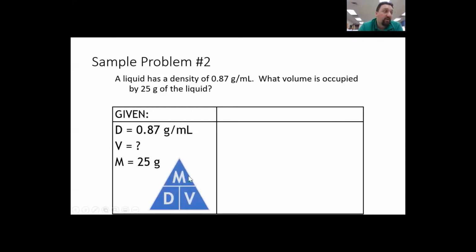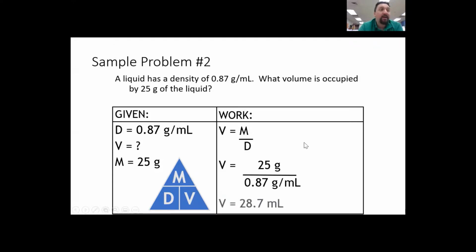Now looking at our triangle, mass, which is our 25 grams, goes on top, and our density, 0.87 grams per milliliter, goes at the bottom. At this point, volume is the unknown, what we want. So we're going to take the top number, the 25, and divide it by the bottom number. 25 divided by 0.87 is 28.7 milliliters.